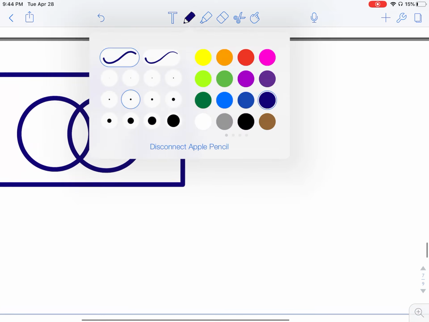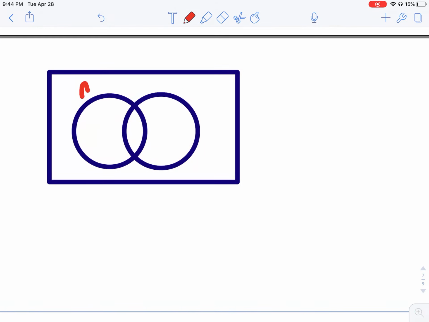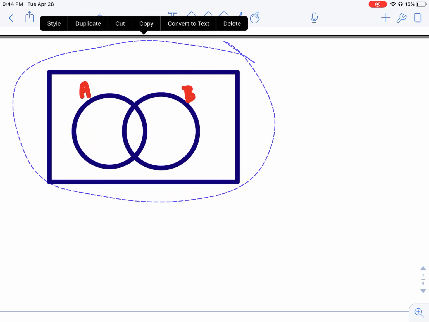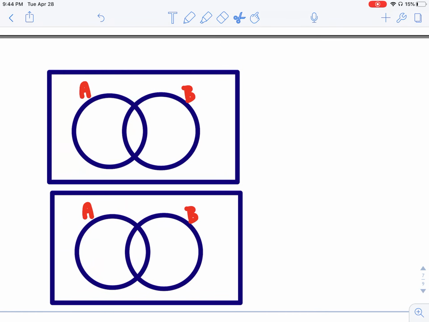Let's just say this event is A and this event is B. All right, let's talk. I'm going to duplicate this too. So let's see, let me go.